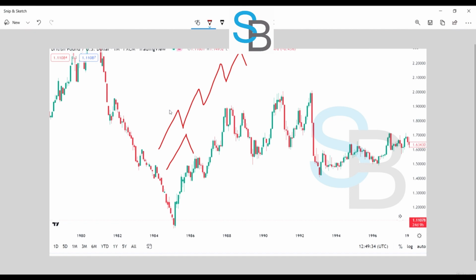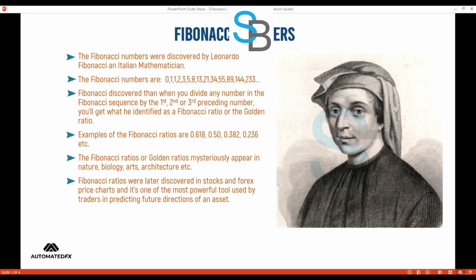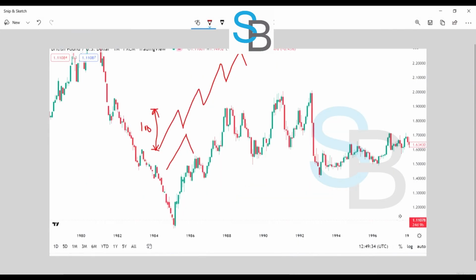For example, if we measure this distance as 100, when the market trends upward and retraces, it tends to retrace to 61% of this or 50% of this. Remember, we have 0.618, which is 61%, and then 0.5 is 50%, 0.38 is 38%. In this case, it's 38%.